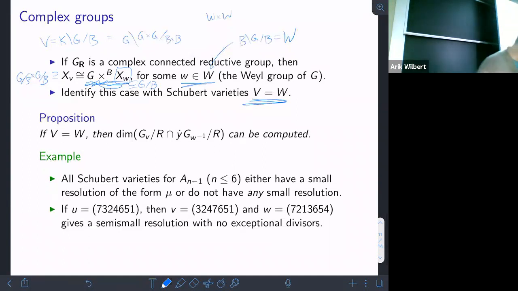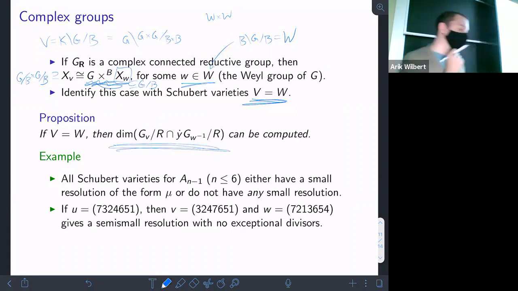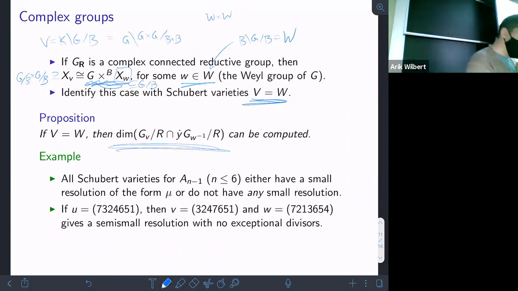Okay, so in this case, I can actually describe the dimension of all those intersections. Matthew Douglas commented to me that this intersection looks a lot like work of Curtis. Curtis considered a refinement of the Bruhat decomposition of the flag variety, and using his work, he can describe dimensions.